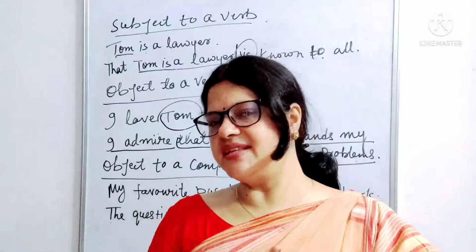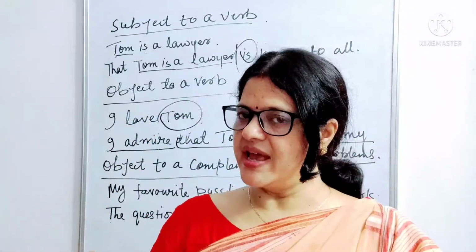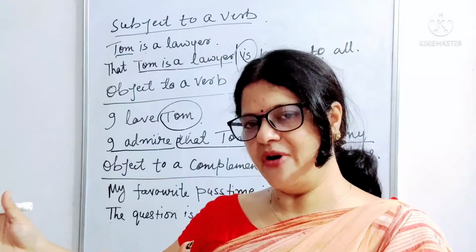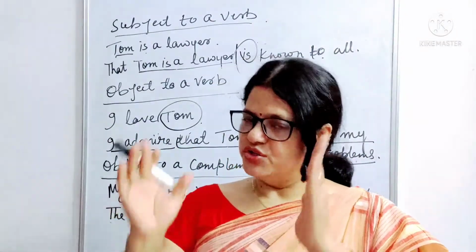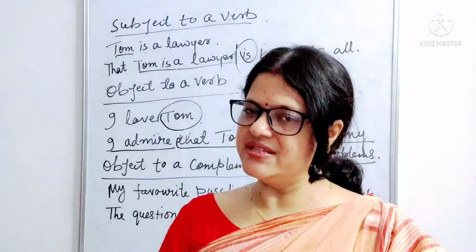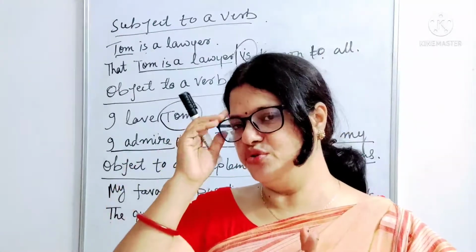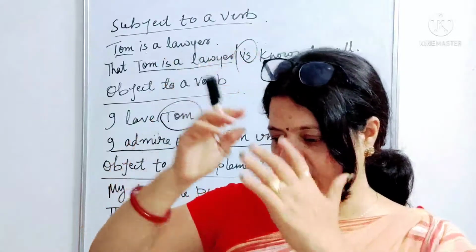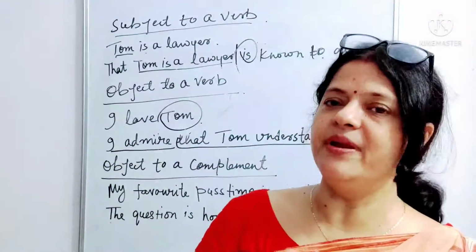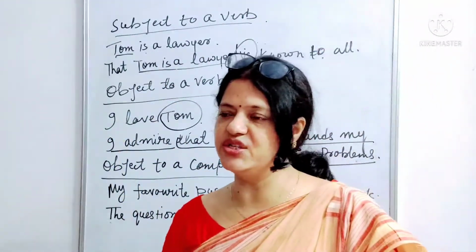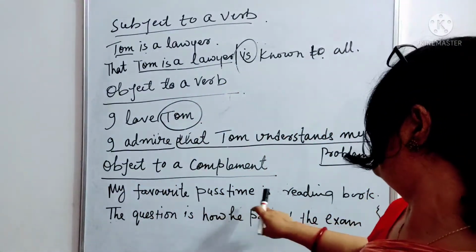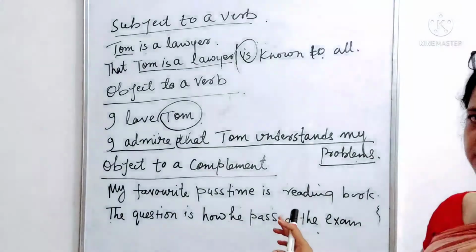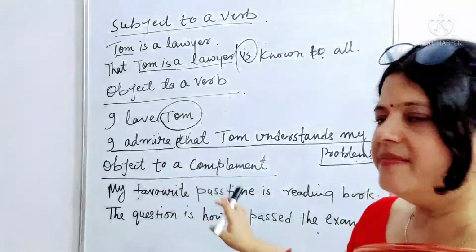And if I say Tom is, and then we don't add the word farmer, our sentence remains incomplete. So to complete our sentence, we need to use these complements. Okay. Now, see this example. My favorite pastime is reading books.